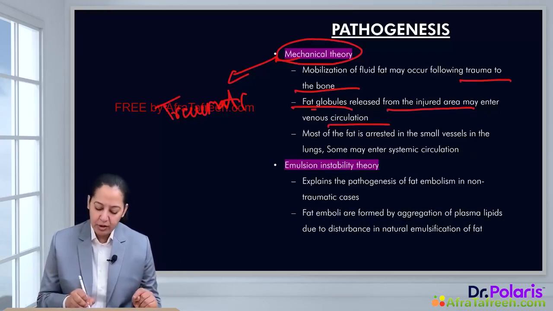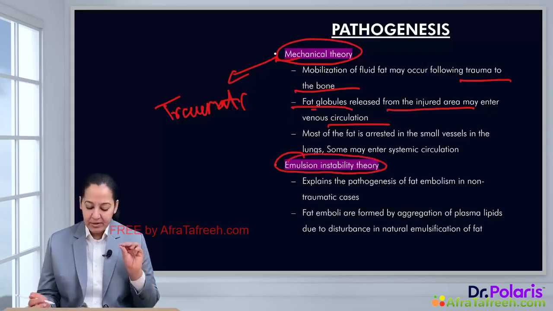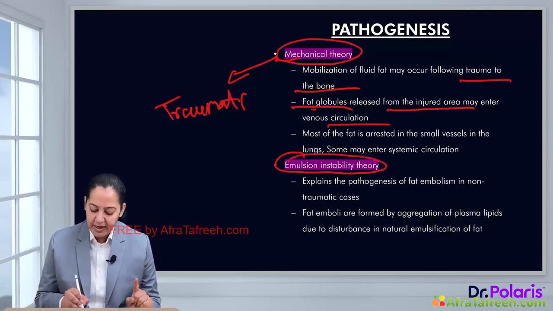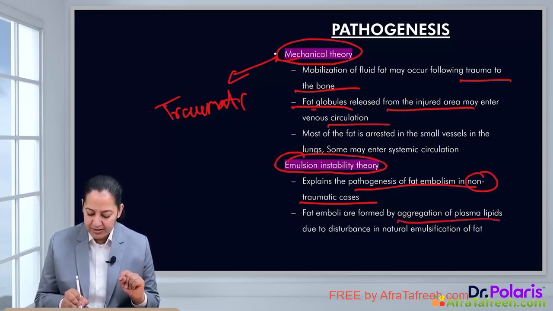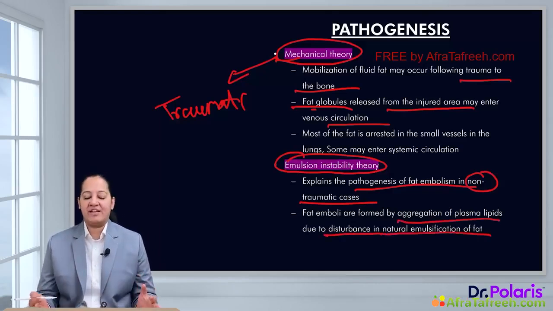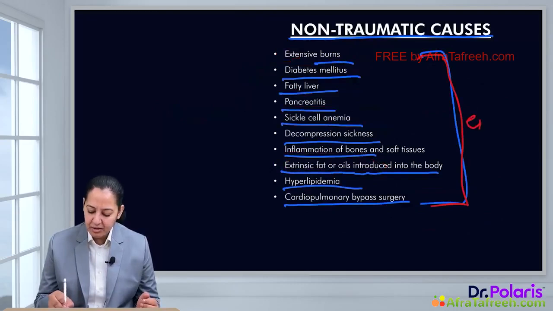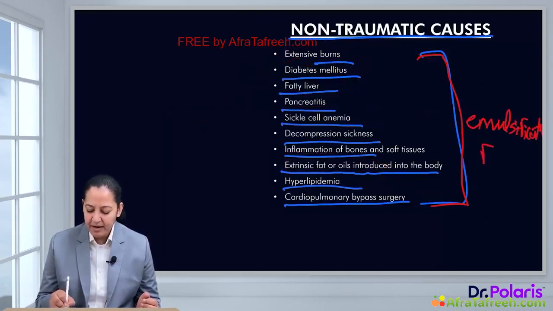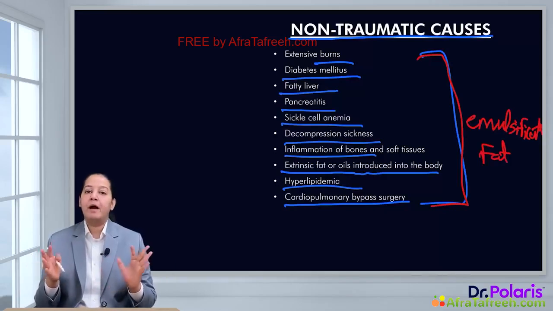There is another theory, known as the emulsion instability theory, that can explain the mechanism in non-traumatic causes. Here fat emboli are formed due to the aggregation of plasma lipid, due to disturbance of the natural emulsification of the fat. Basically in all these causes, the natural emulsification of the fat is disturbed, and that can cause accumulation of the lipid and lead to fat embolism.